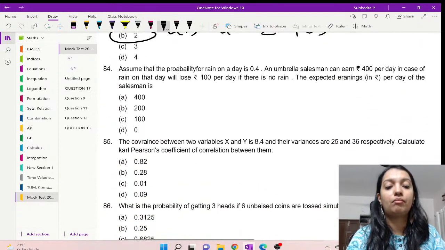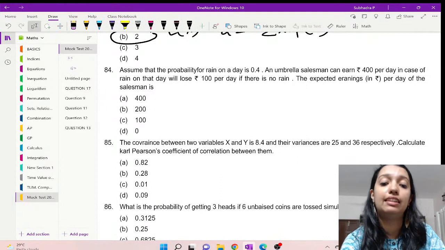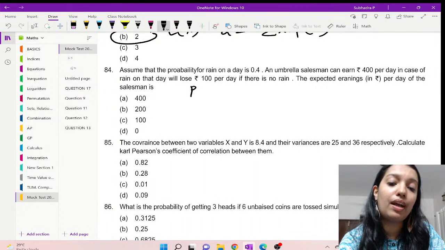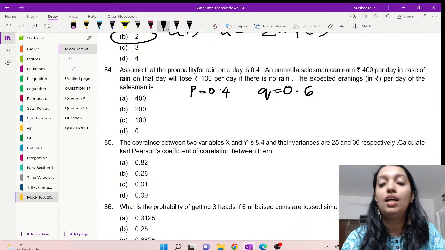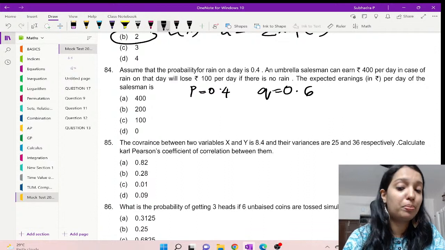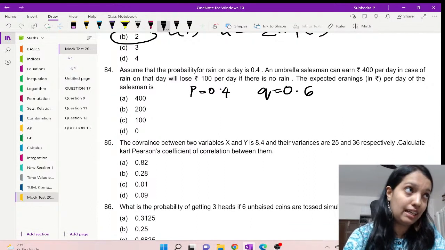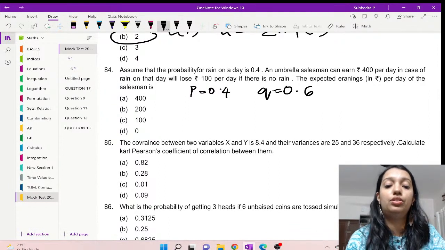Next, assume that the probability for rain in a day is 0.6. So if it rains 0.4, not raining is 0.6. This is a Bernoulli distribution question. The umbrella salesman earns 400 rupees in case it rains and loses 100 rupees if it doesn't rain. So what we'll do?